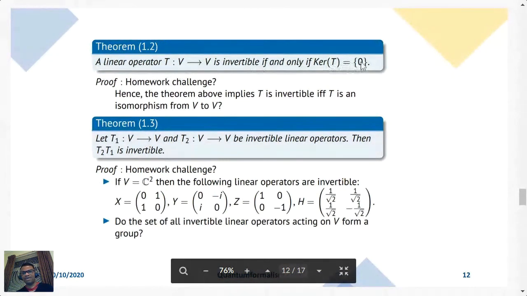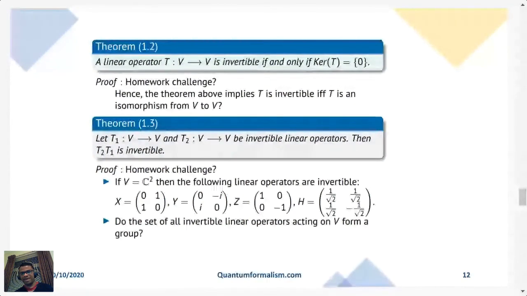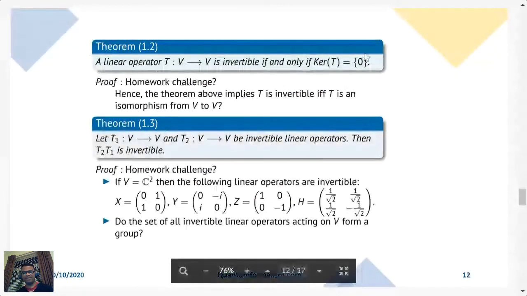Notice here I'm writing 0 because it's understood that the operator is going from V to V, so there's no need for me to write 0_V. So there you go. As Aditya was saying, T has to be bijective. If it's bijective, then obviously the kernel is 0, so it's the same thing. T is invertible if and only if it's bijective, because being bijective is like having kernel 0.